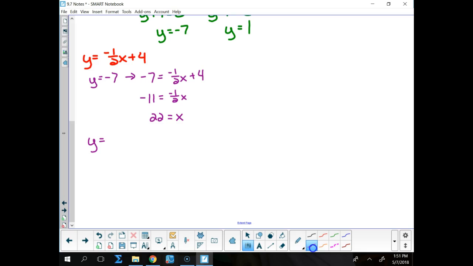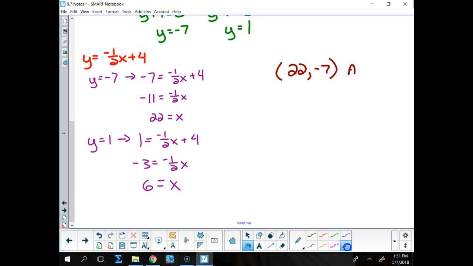If y is equal to 1, then that becomes 1 equals negative 1/2 x plus 4. So that's negative 3 equals negative 1/2 x. So that's 6 is equal to x. So that gives me potential points of (22, negative 7) and (6, positive 1).